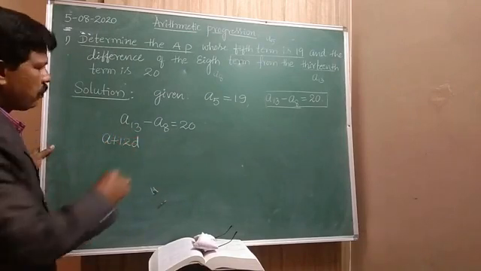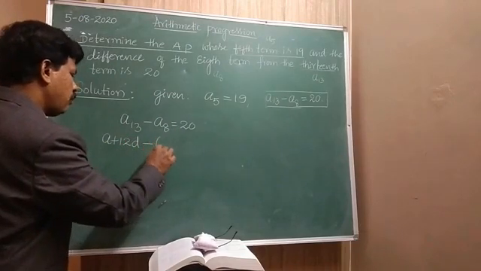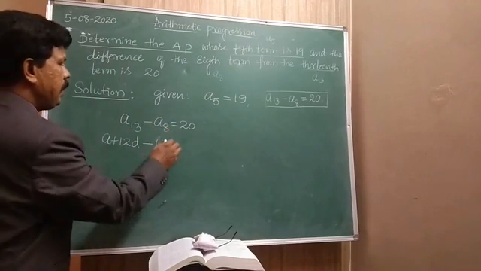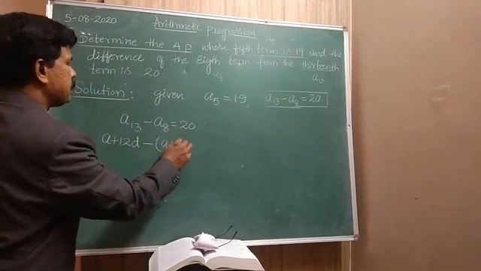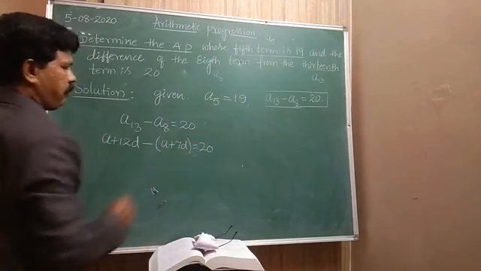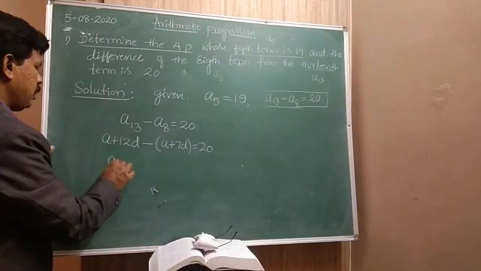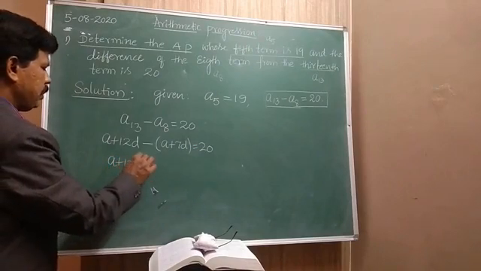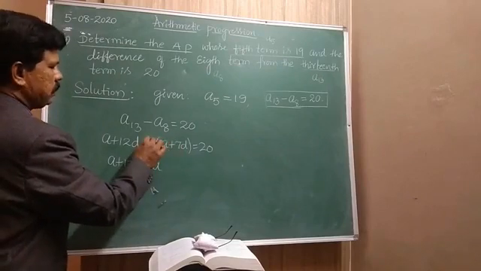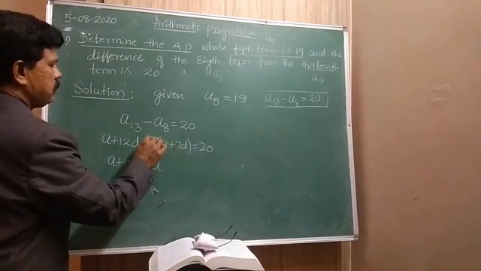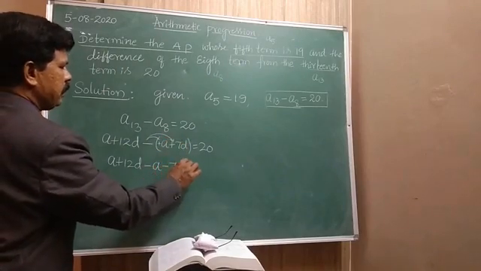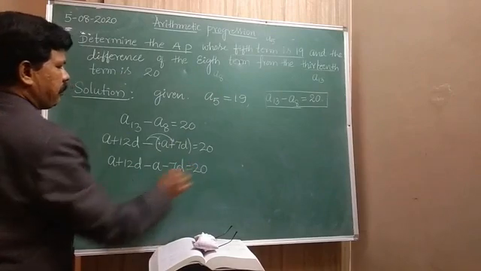A plus 12D minus, after the minus you should start with a bracket, A8 means A plus 7D, equals 20. Now A plus 12D minus A, and multiplying, minus into plus is minus 7D equals 20.